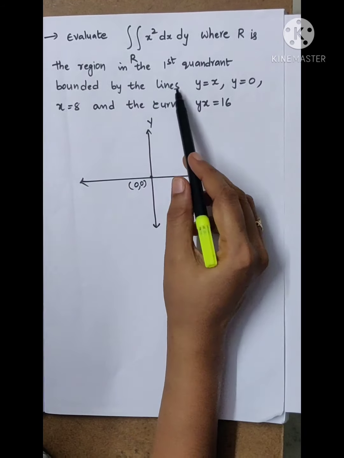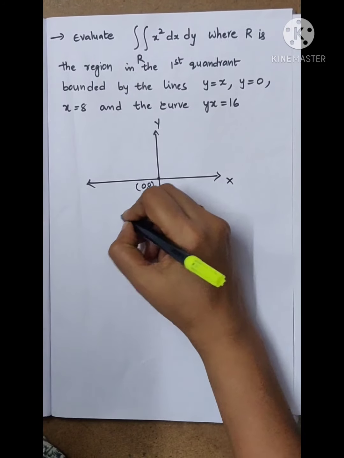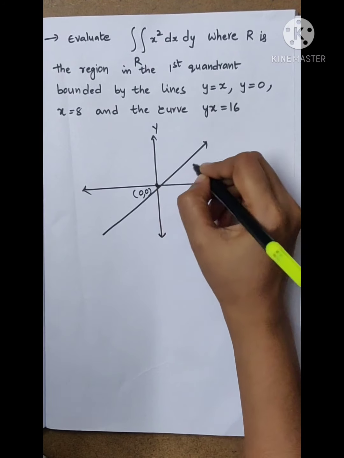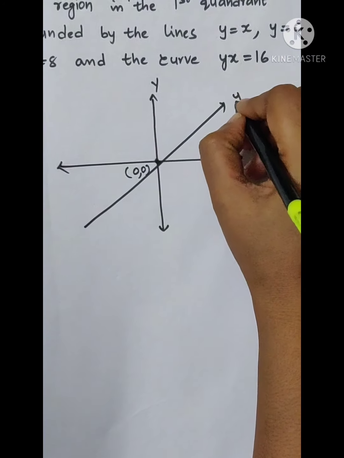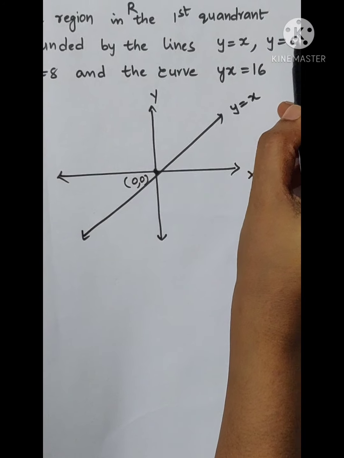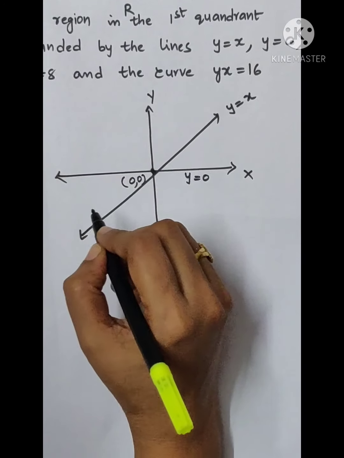Region R is bounded by the line y equal to x. Y equal to x means it is a straight line passing through the origin. Y equal to 0 means the x axis.